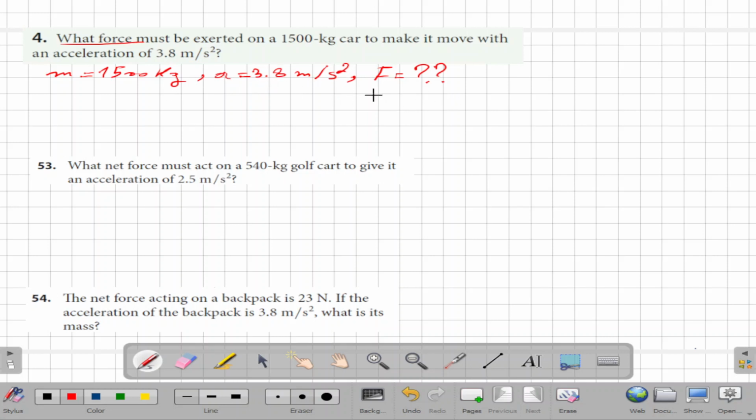In this case, we're going to apply Newton's second law, since we have force, mass, and acceleration. And we know that Newton's second law links the three quantities together, F, M, A. In order to find F, we need to hide F and write that F is equal to M times A. Substitute the values.